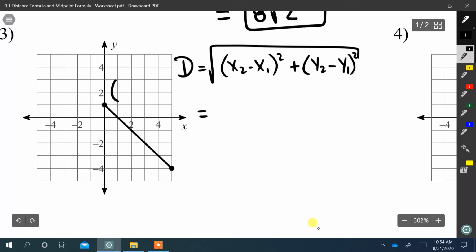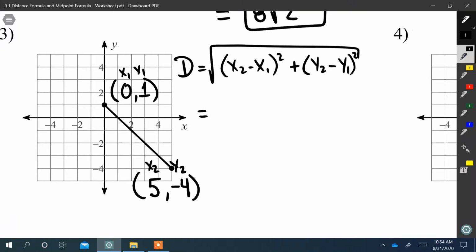Okay, let's see what our points are. My first point is 0 and then 1. Then my other point is going to be 5 and negative 4. So this will be x1 and y1, and this will be x2 and then y2.